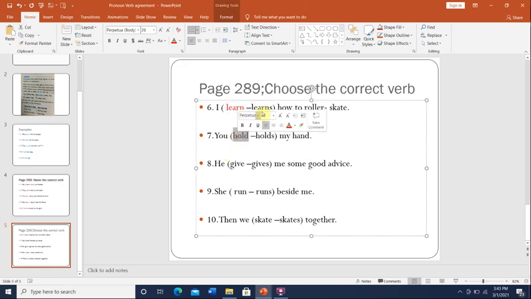You hold. Number 8, he give or gives me some good advice. Gives. We add an s because he is one person. Number 9, she run or runs beside me. She runs. We add an s. Number 10, we skate or skates together. We is plural. We skate. No s. Okay? And that was it.